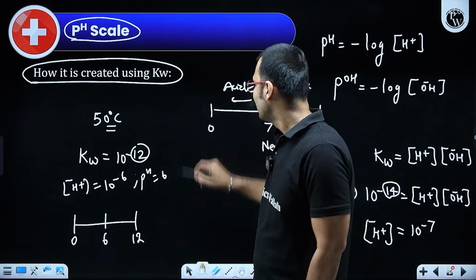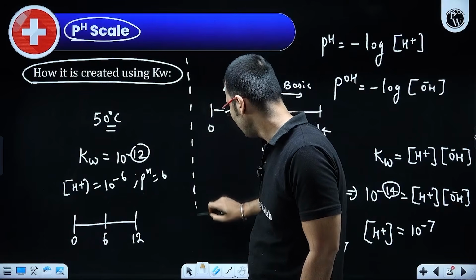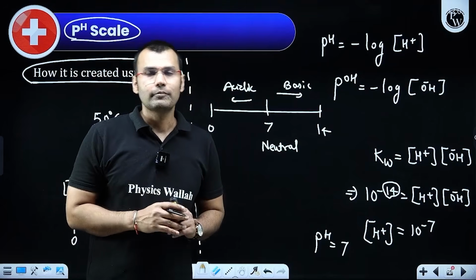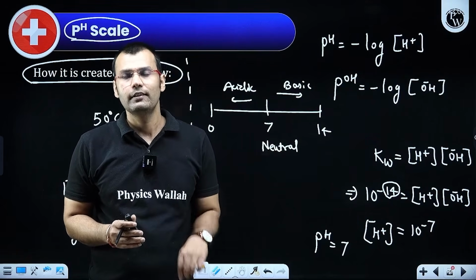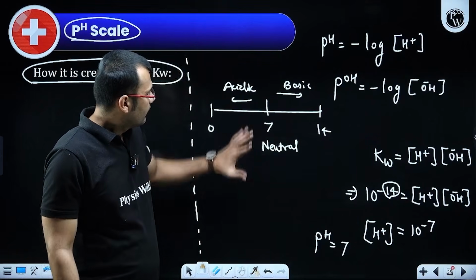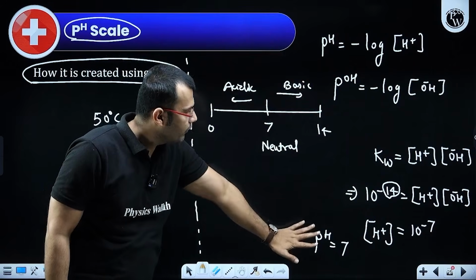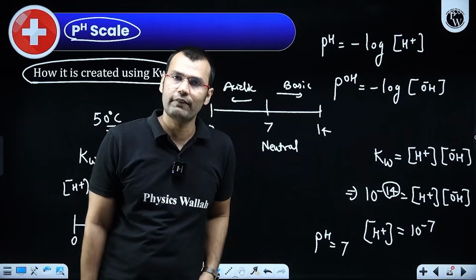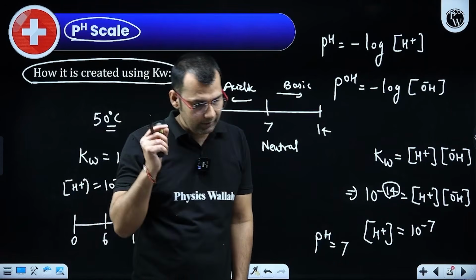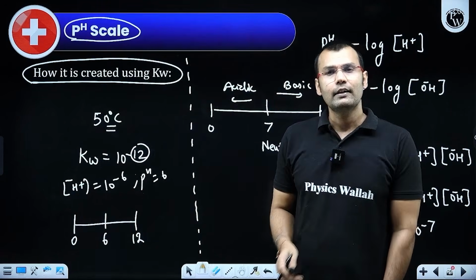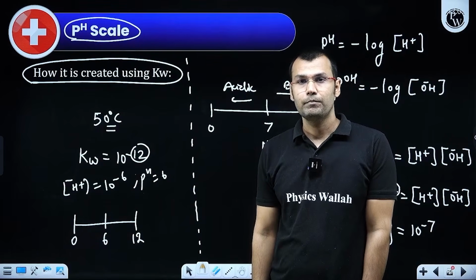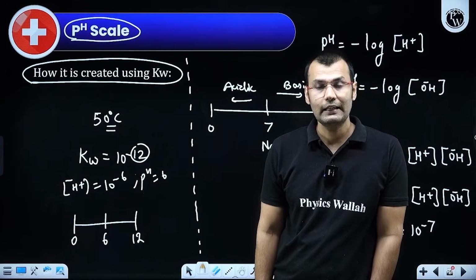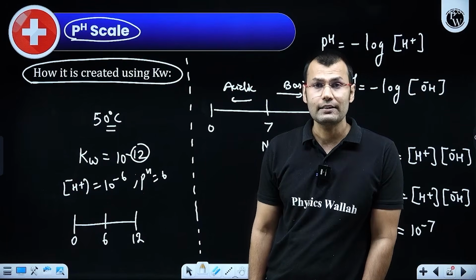So please remember that the pH scale that we use is at 25 degrees C. But do not worry, in your questions, most of the time you will get questions at 25 degrees Celsius. But at least this much you need to understand: the pH scale depends on the ionization of water. The pH scale is created on the basis of ionization of water.